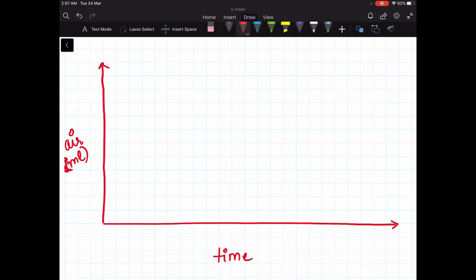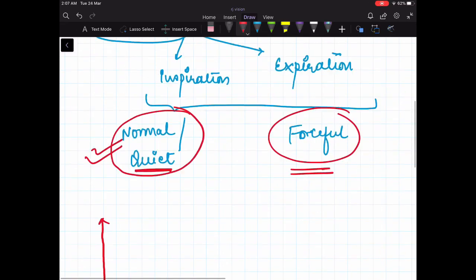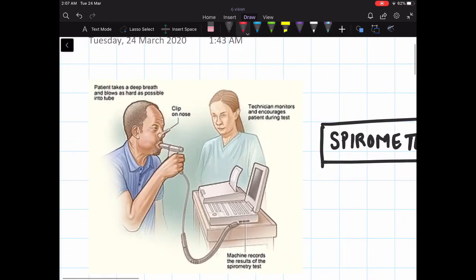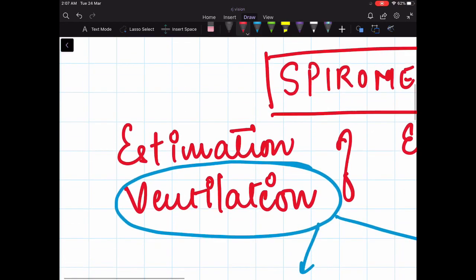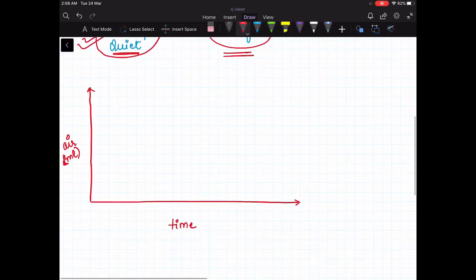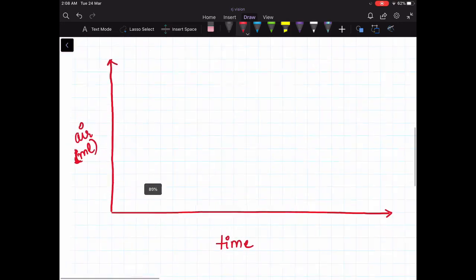So the y-axis has air in ml and the x-axis has time. This person is asked to inspire and expire in this mouthpiece. And this mouthpiece records the amount of air going in and coming out, and that information is transmitted through the wires to the computer, and the computer records the value of that air. So that we are going to measure.